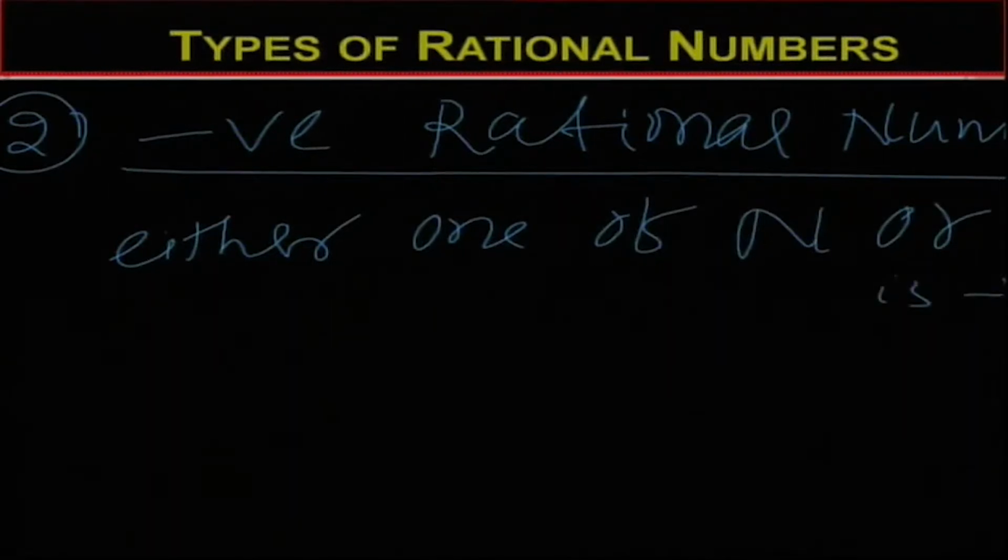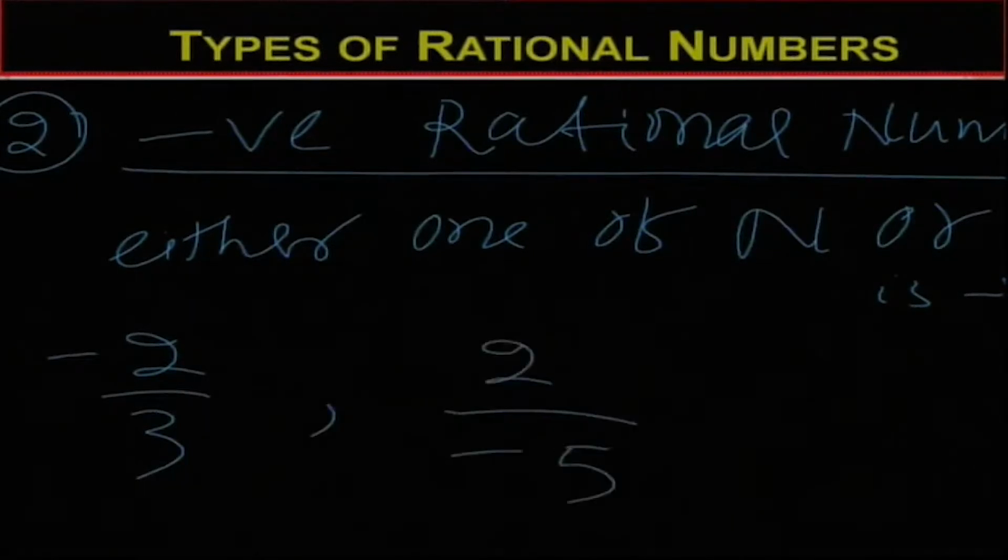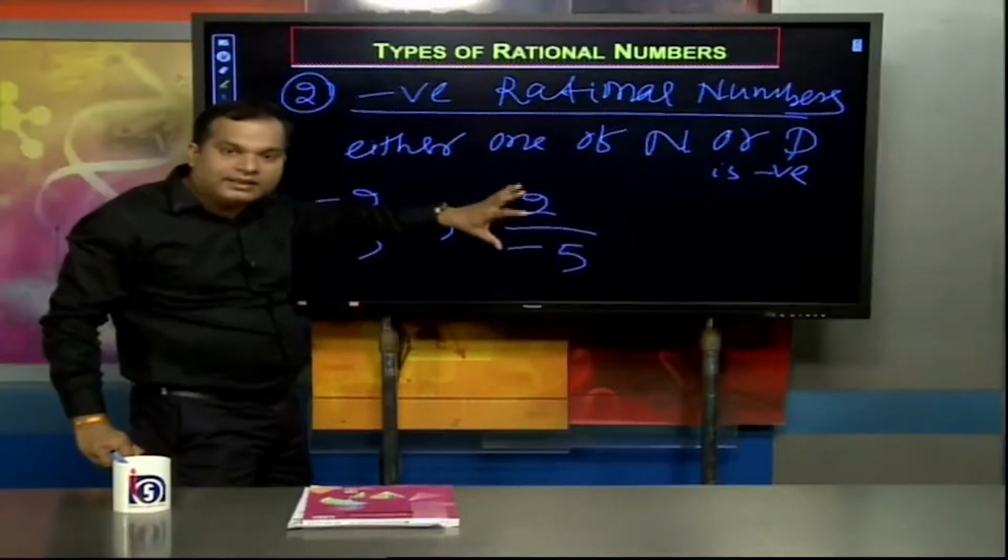For example, minus 2 by 3: the numerator is negative, so it is a negative rational number. Also 2 divided by minus 5: here the denominator is negative, so you also get a negative rational number.